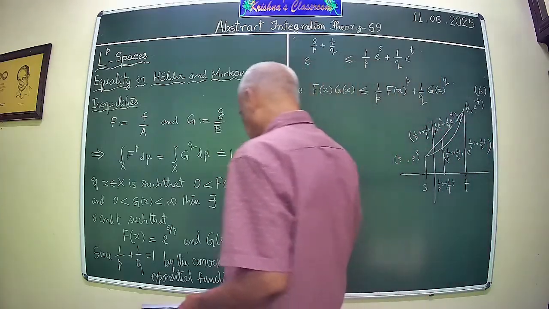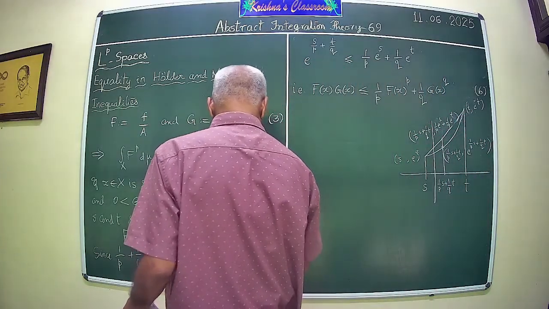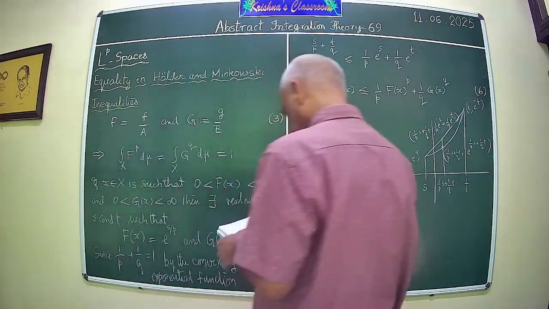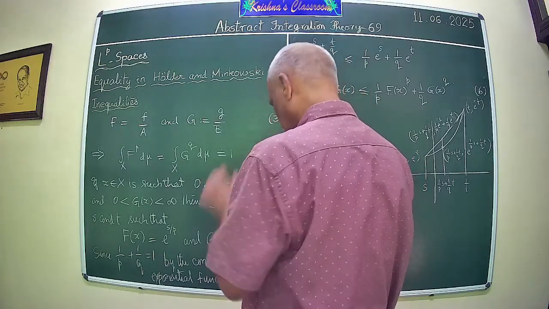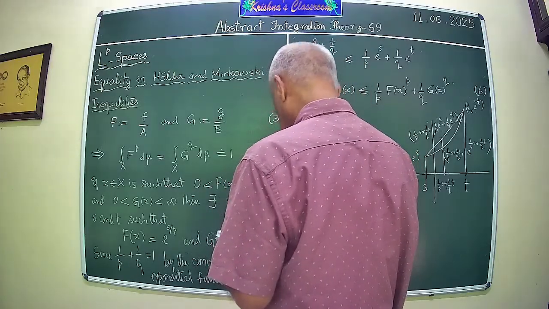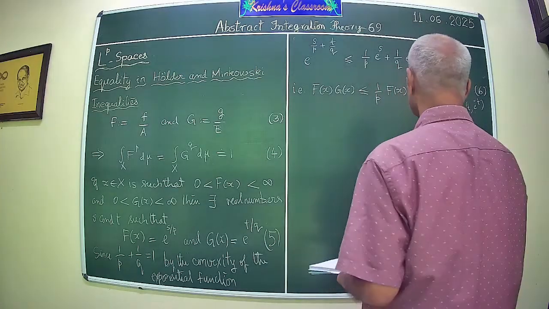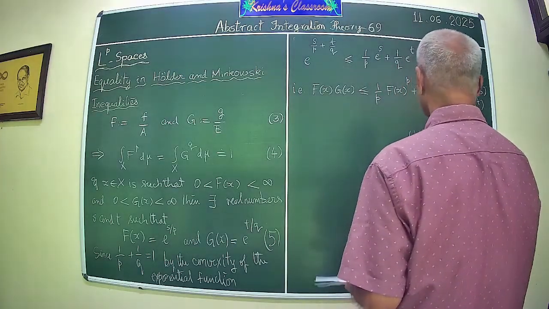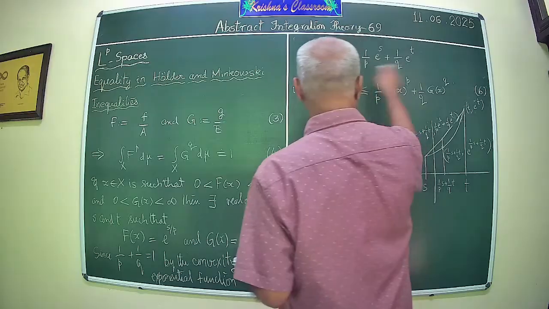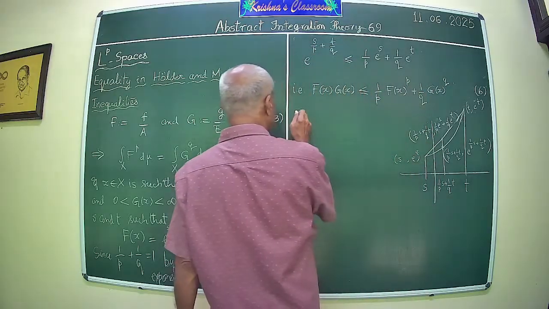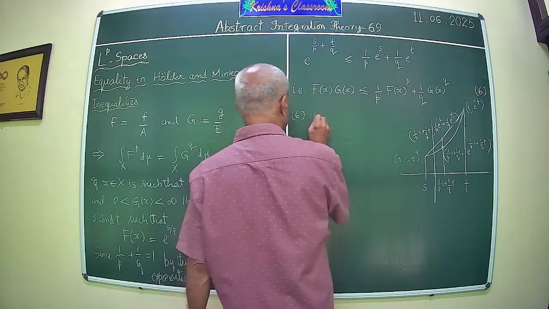And this is what you have. Now this is true for almost everyone, okay, for almost all x. So you have this inequality. 6 is valid.